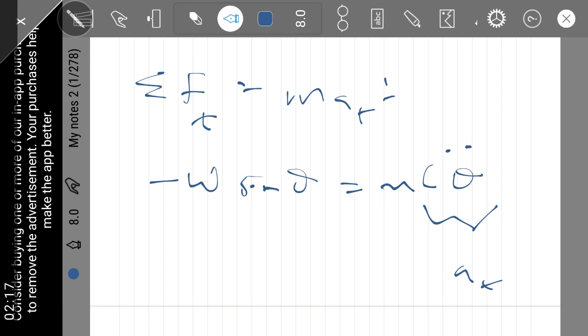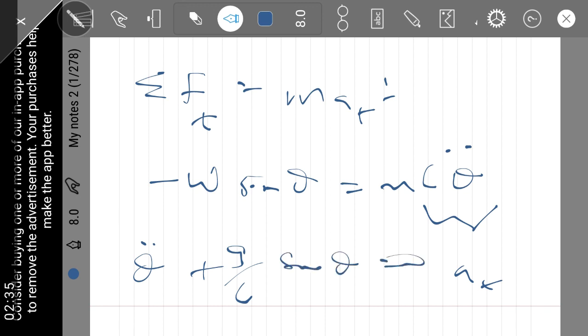So we can write that theta double dot plus g over L sine theta is equal to 0.